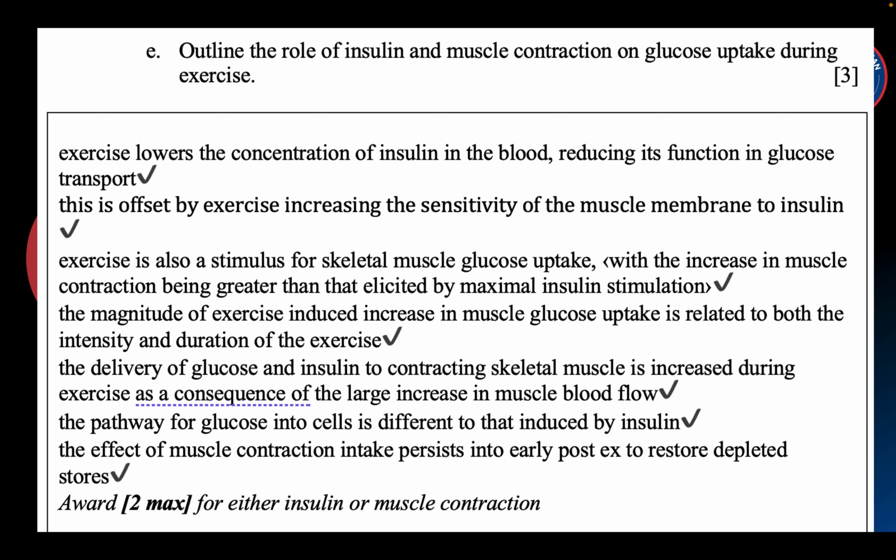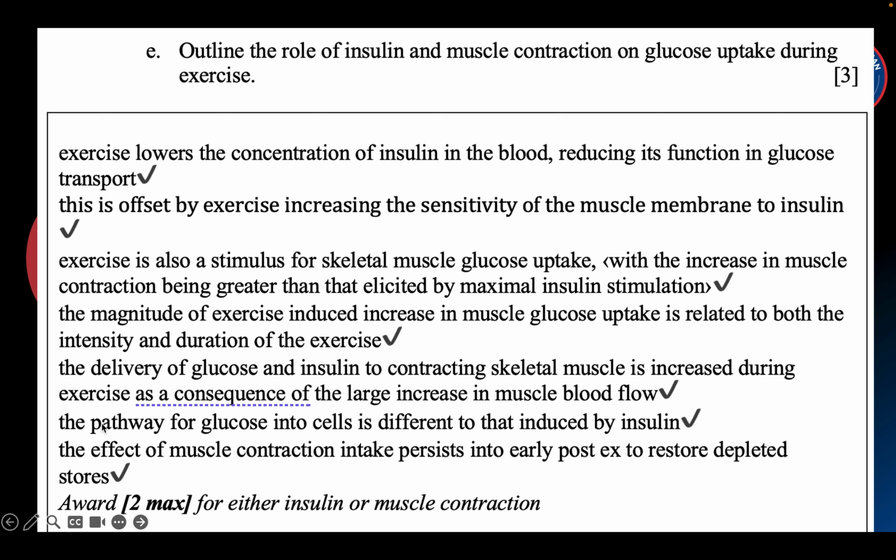Good. The magnitude of the increase is related to both intensity and duration of the exercise. Happy days, we've got that pretty much. Delivery of glucose and insulin to contracting skeletal muscle is increased during the exercise as a consequence of the large increase in blood flow. We've got that.